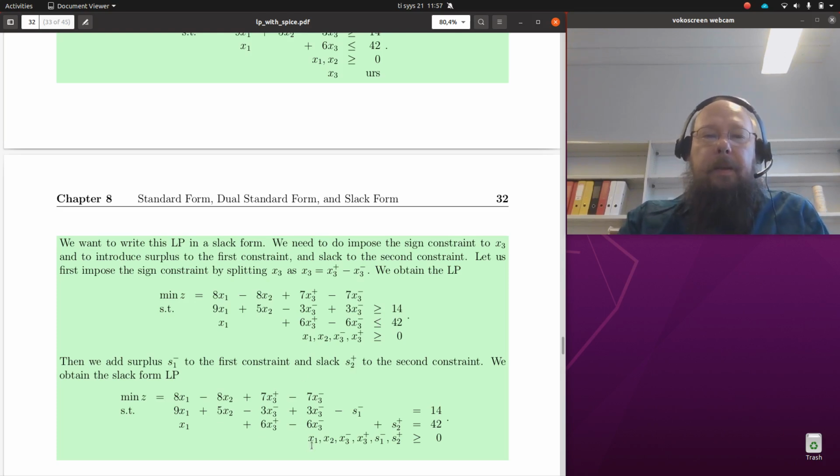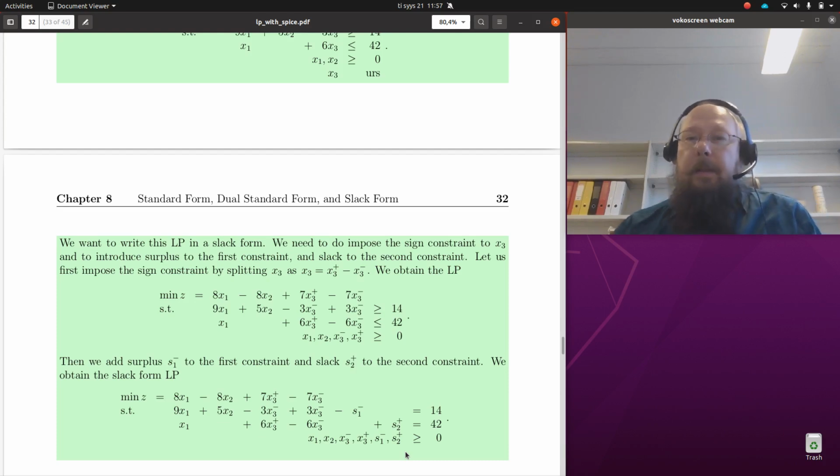And then additionally, it's good to note here that now we have 6 decision variables. So we started with 3, then we got 4 because the third one was split into the negative and positive part, and then still 2 more because we needed to turn the inequalities into equalities.